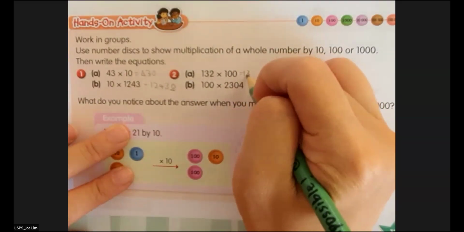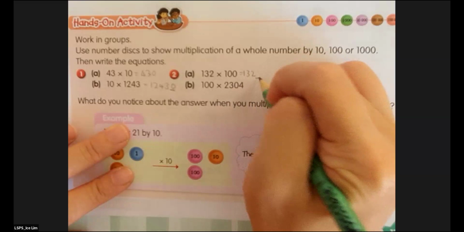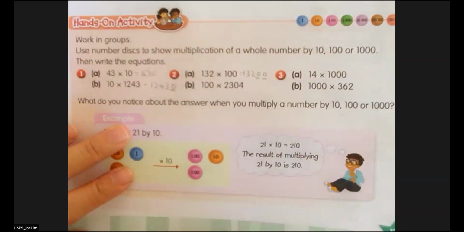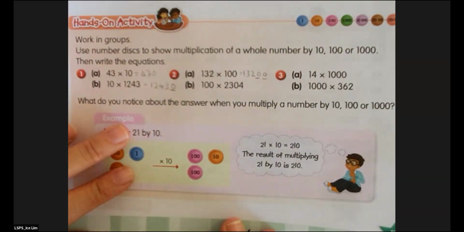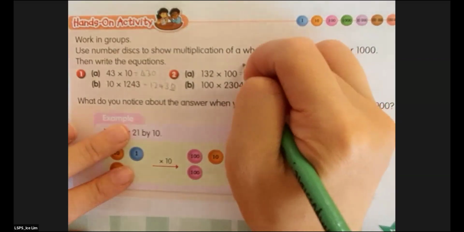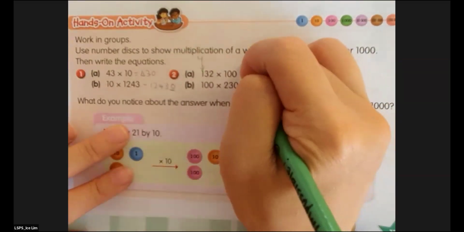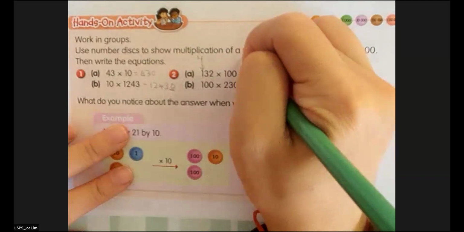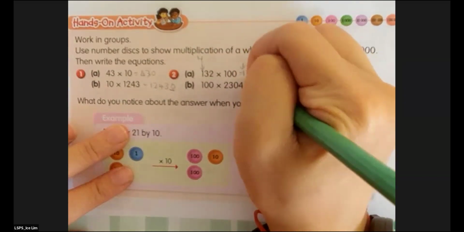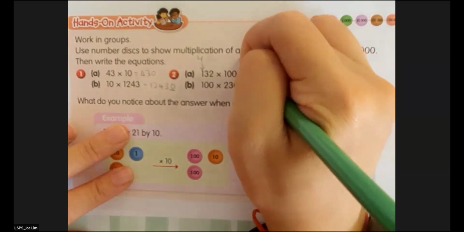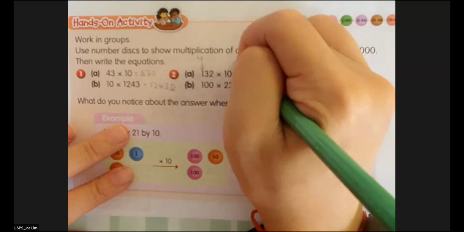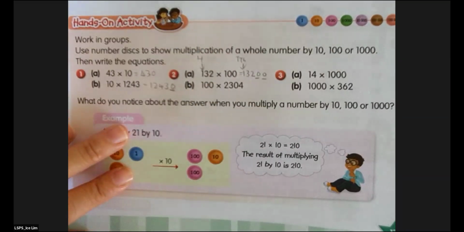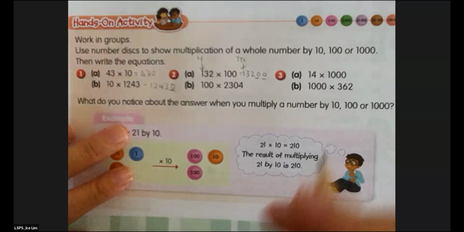And I just put in another two zeros at the back. That's possible because instead of the hundreds place, it's now at the 10,000 place. So the place value changes. Is this difficult? No, right?